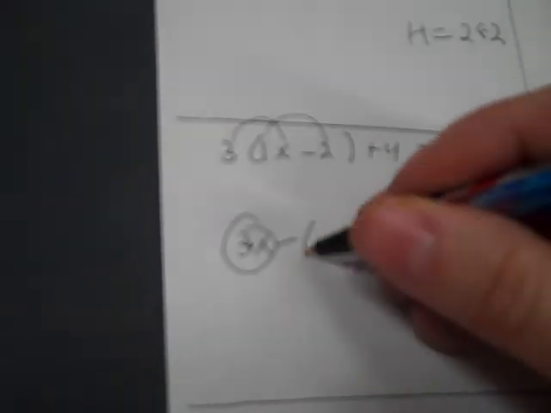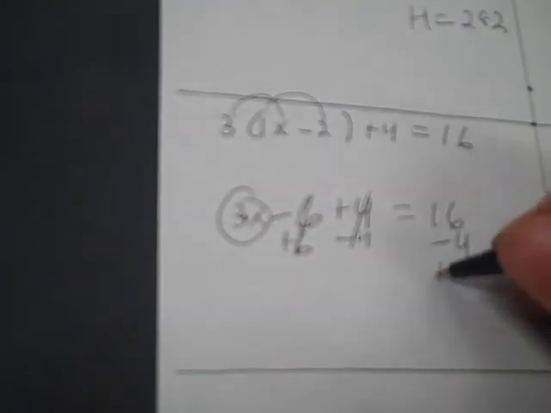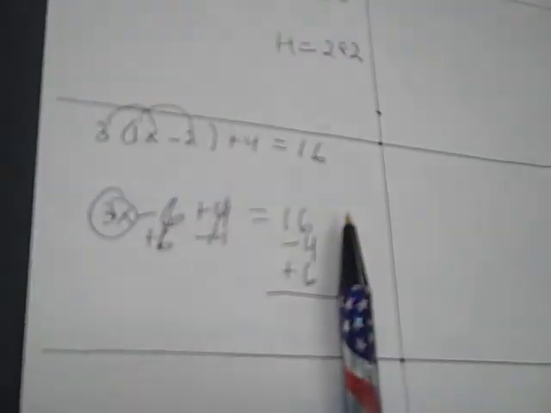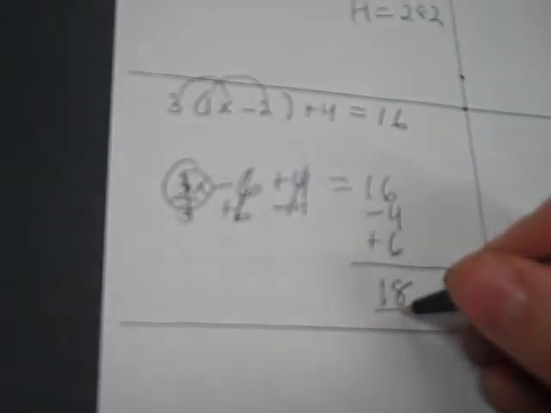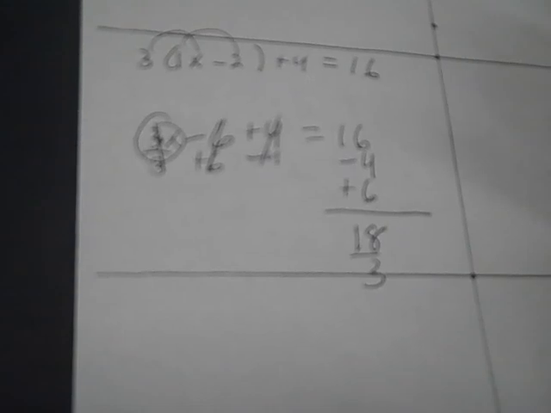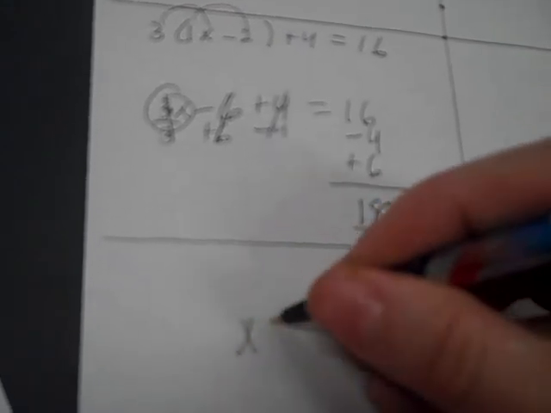First the plus 4. And then the minus 6, plus 6. Okay, so what's 16 minus 4 plus 6? 18. Okay, then we divide by our 3. And that's what x equals. 18 divided by 3 is 6.